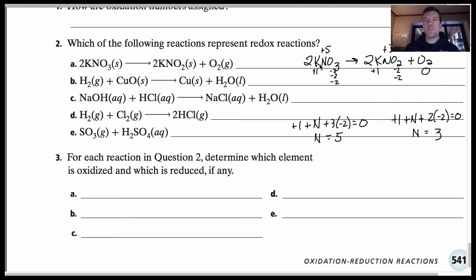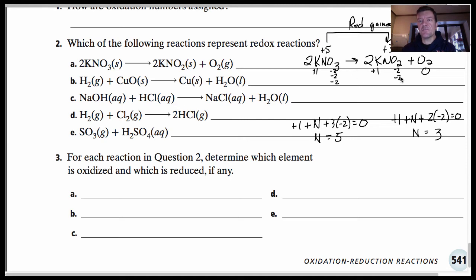Okay, so we can identify this and say it is the nitrogen whose oxidation number went down. It was reduced, gained electrons. How many? Well, it looks like it went down by 2, so probably gained 2 electrons, and that means each nitrogen gained 2 electrons. And then what is being oxidized? It's the oxygen. No, not this oxygen.